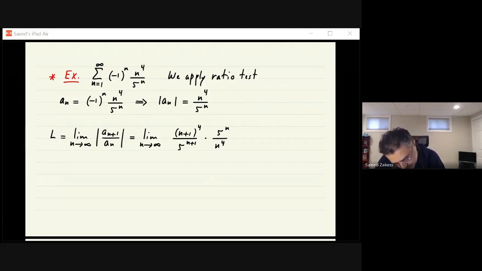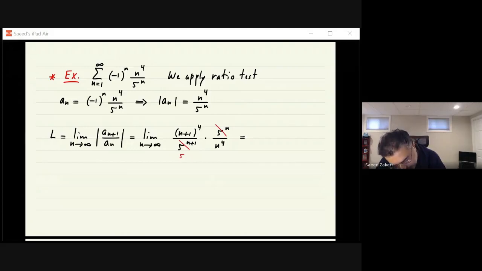And now, this, as you can see, I can simplify. For example, I have 5 to the n here, and 5 to the n plus 1, which is 5 to the n times 5 to the first, or 5. So I can cancel this with this, and that leaves an extra 5.